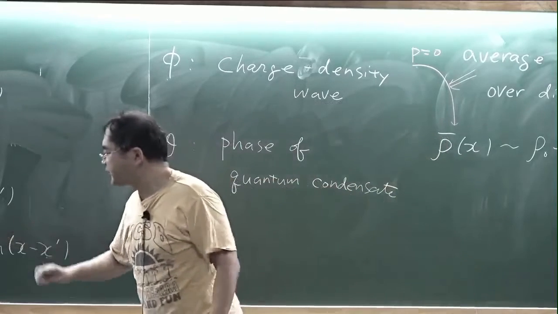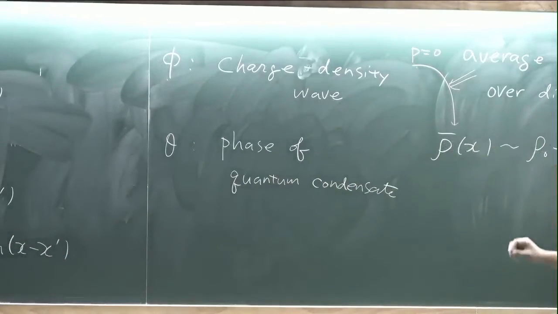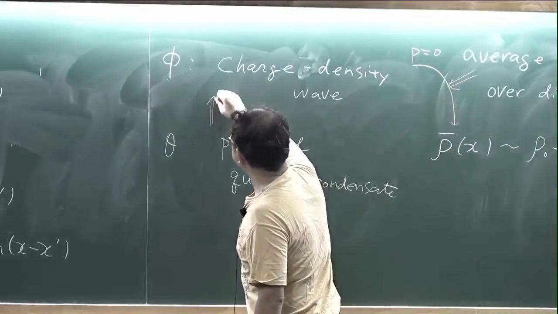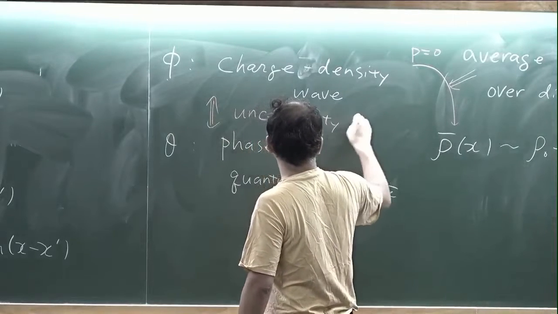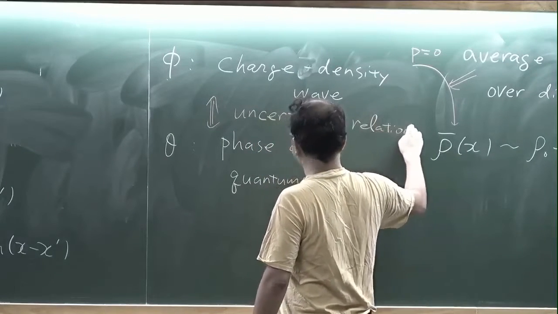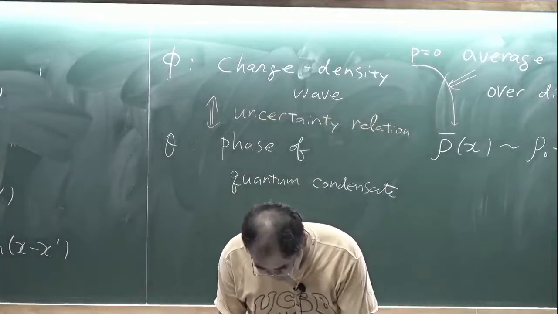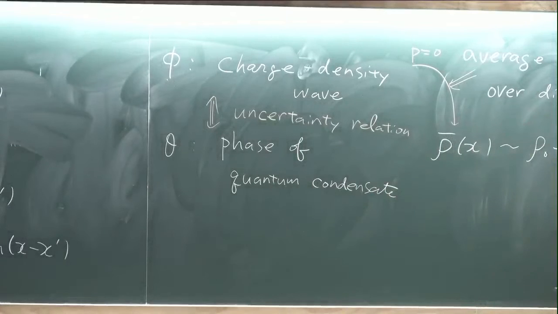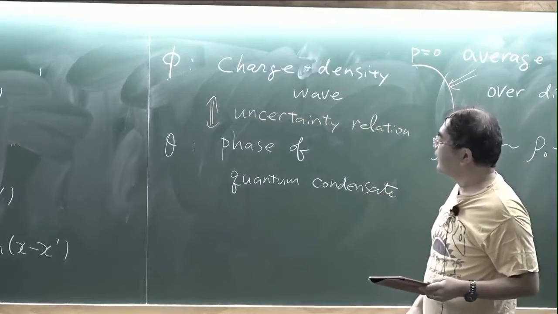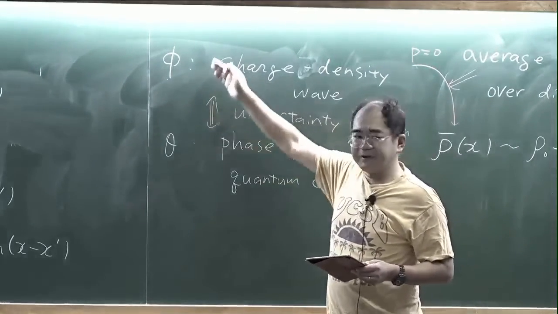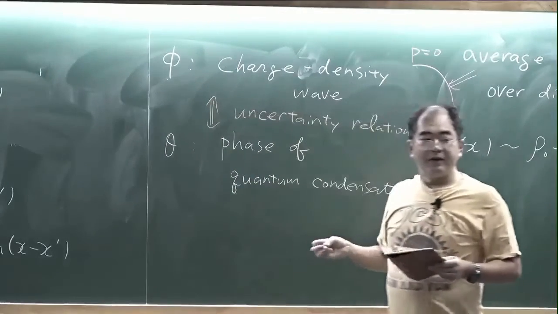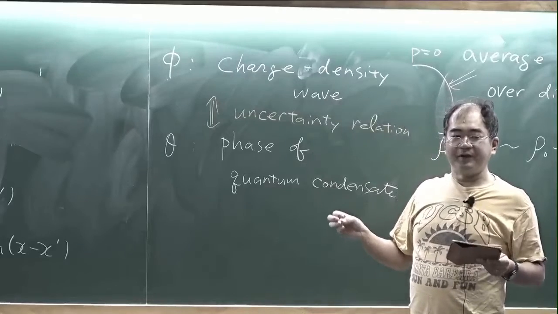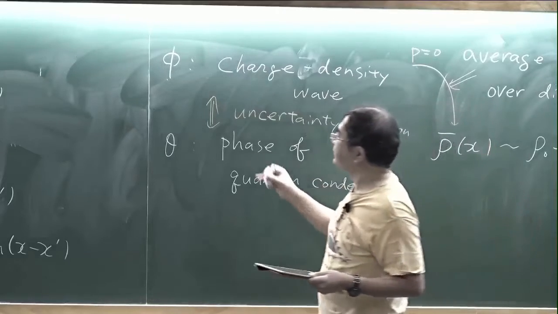This commutation relation, the fact that they don't commute, means that they obey a certain kind of uncertainty relation. And also, I'm not sure if I can discuss it in detail later, but it turns out that these two fields are kind of dual to each other.